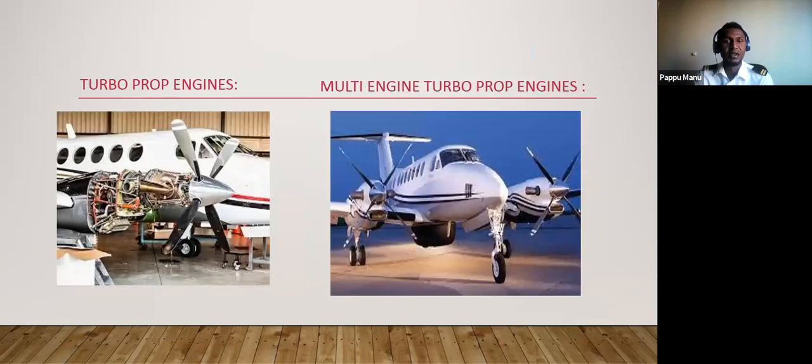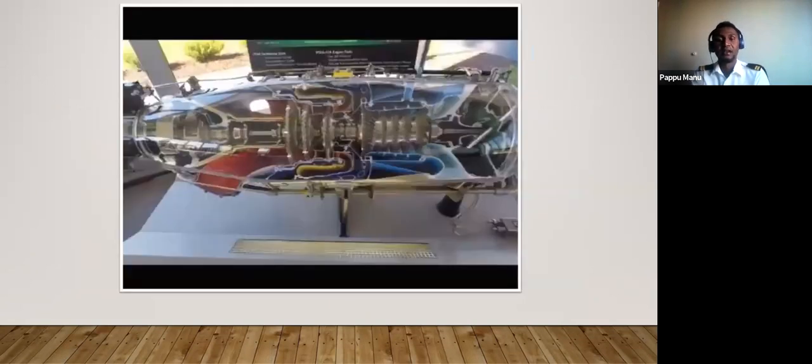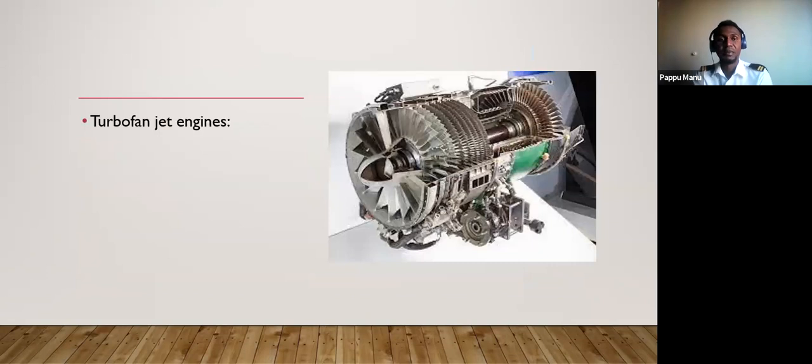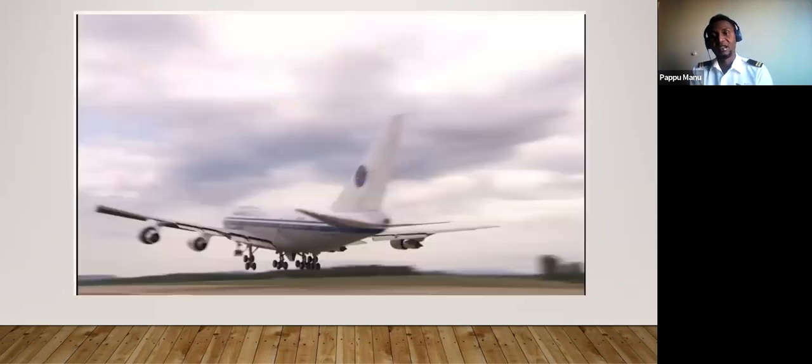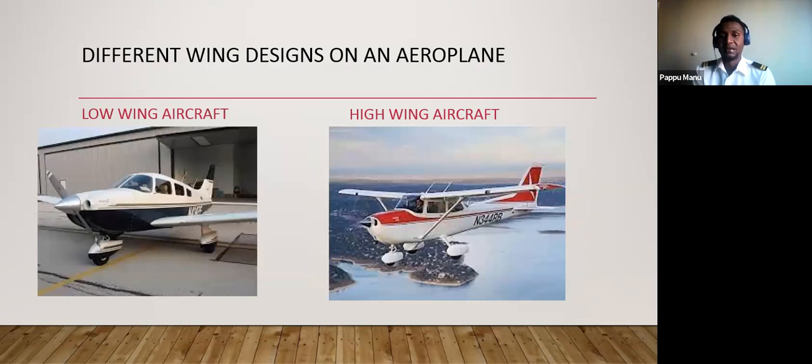Then we also saw the turboprop engine, propeller, as we went through it yesterday. Prop means propeller, and the multi-engine turbine turboprop engine as well. The only thing we couldn't see was the jet engine because the airport is small. We couldn't see a jet engine, but you can see the working is very similar.